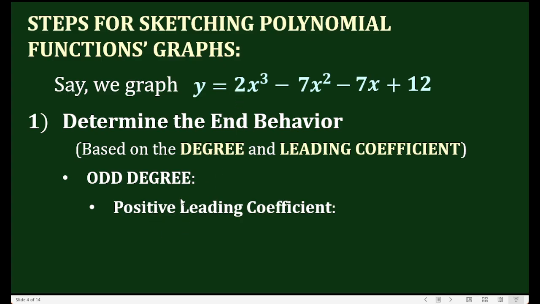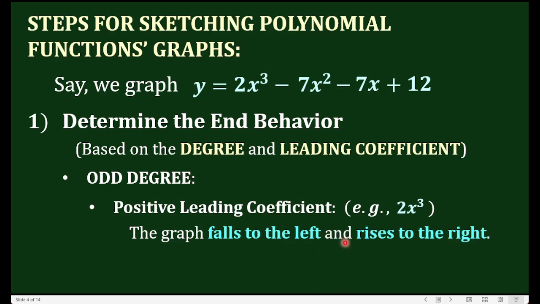So if we have these two conditions, odd degree and positive leading coefficient, we have the behavior of the graph. So the end behavior of the graph is this: the graph falls to the left and rises to the right.